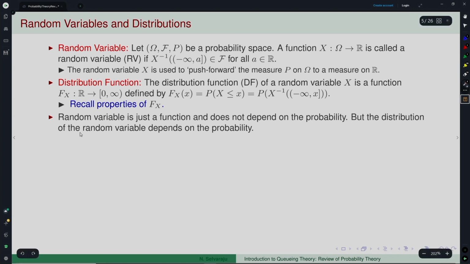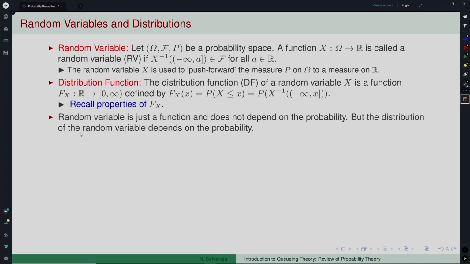Okay. And you can recall the properties of this distribution function and so on. So, a random variable in our sense is just a function that does not depend on the probability P, but the distribution of the random variable depends on the probability P. For most realistic purposes, a stochastic or probabilistic model is defined in terms of a random variable and its distribution. Random variable means the values that the particular random variable can take, and the associated probability measure.